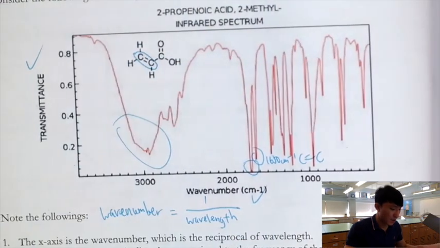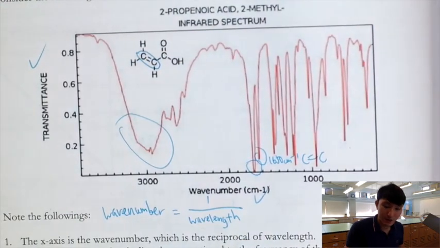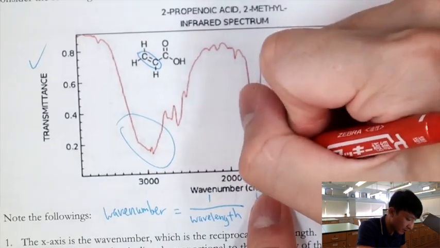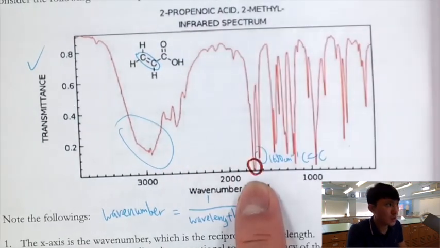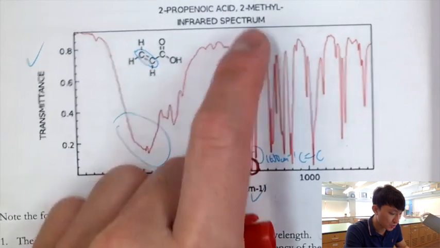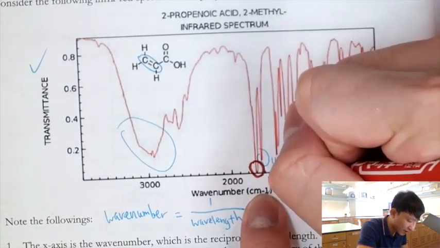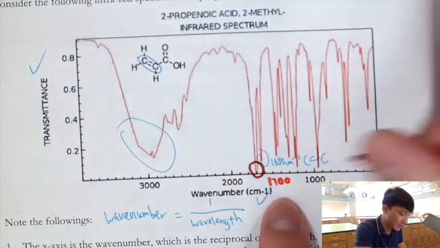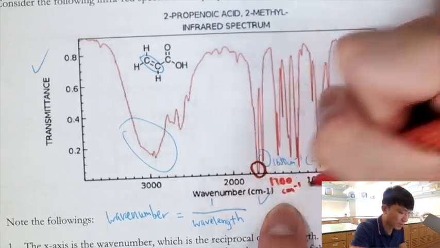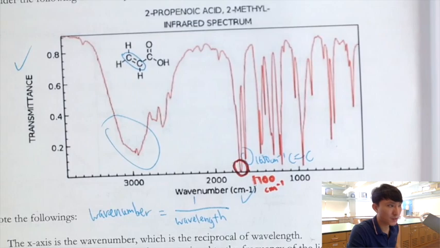Now, the next thing we look at is this one. We have another sharp peak almost to the bottom, at around 1700 cm^-1.